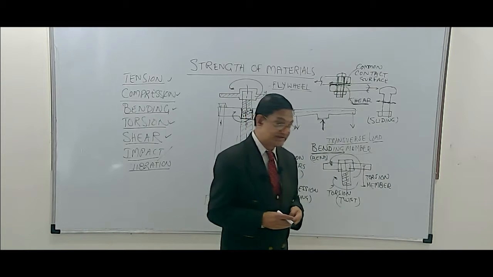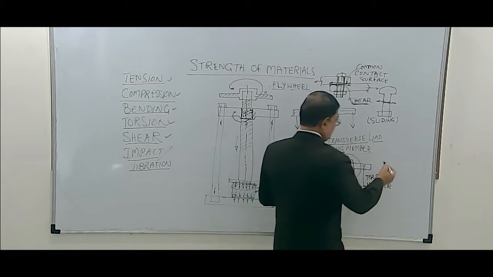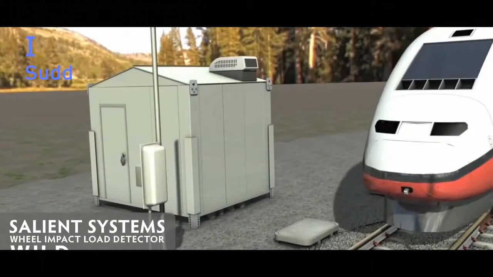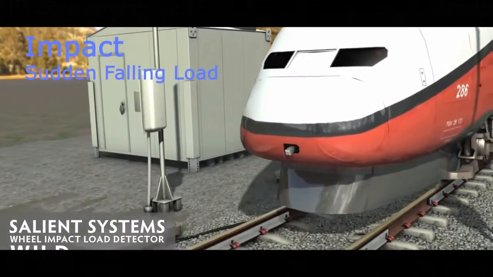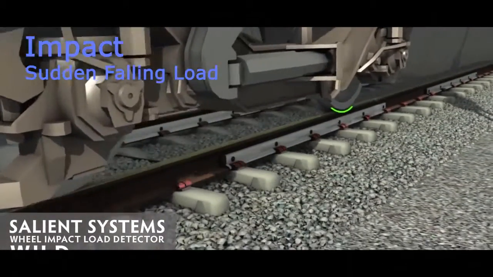These are the different examples where you come across vertically downward forces which will be like a sudden drop of a load onto the beam.